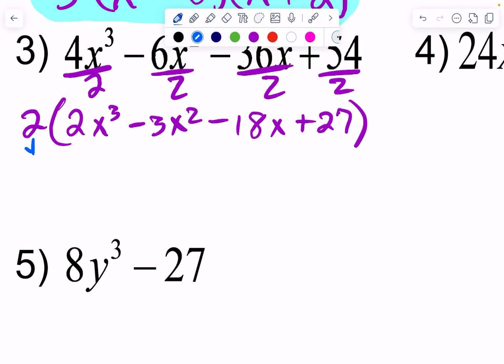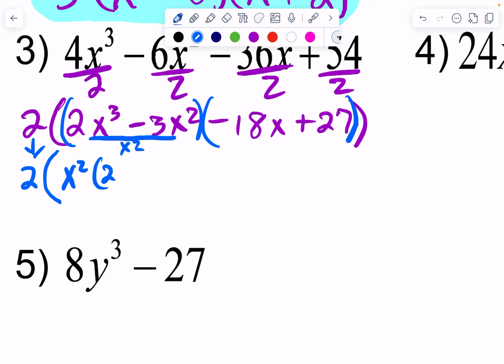So please remember to keep that GCF and create a giant parentheses and then start factoring by grouping. Okay, that would be my suggestion. So I'm going to factor out of here an x squared, and my leftovers are going to be a 2x minus 3.